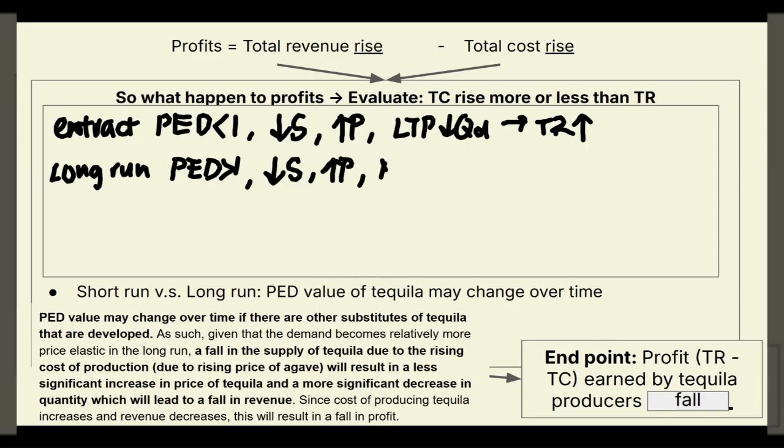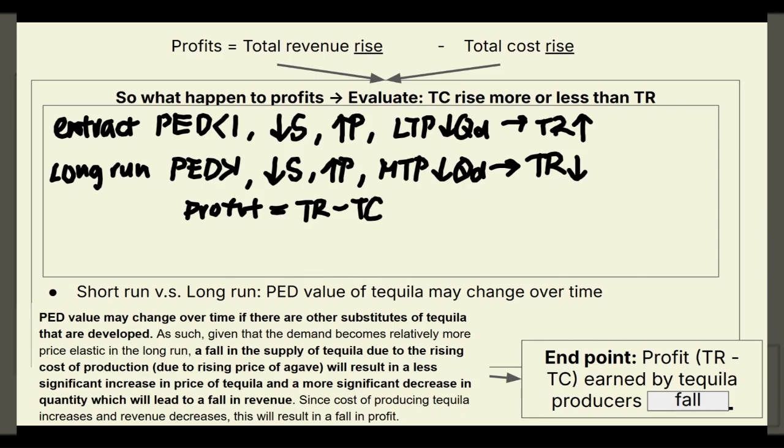However, now there's a more than proportionate fall in quantity demanded. Thus, your total revenue can fall. Since profits equals total revenue minus total cost, when there's a fall in total revenue and a rise in total cost, overall your profits can fall.